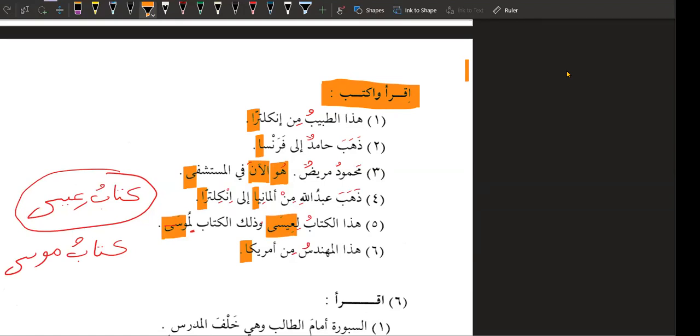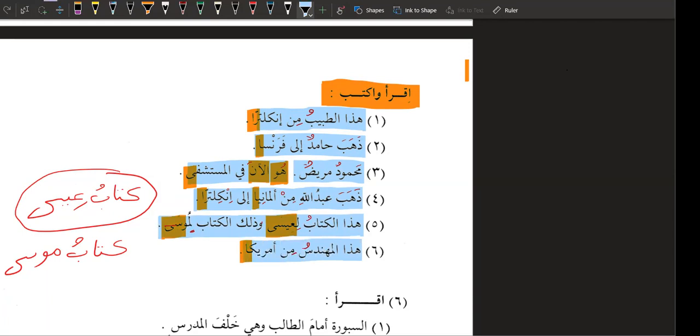So we say هذا الطبيب من إنجلترا. ذهب حامد إلى فرنسا. محمود مريض هو الآن في المستشفى. ذهب عبد الله من ألمانيا إلى إنجلترا. هذا الكتاب لعيسى وذلك الكتاب لموسى. هذا المهندس من أمريكا.